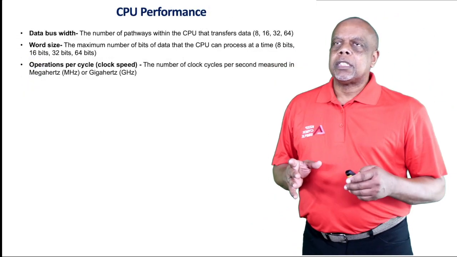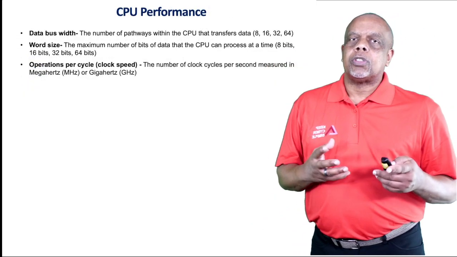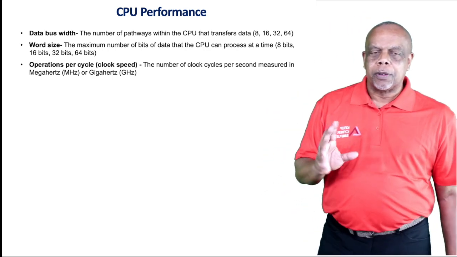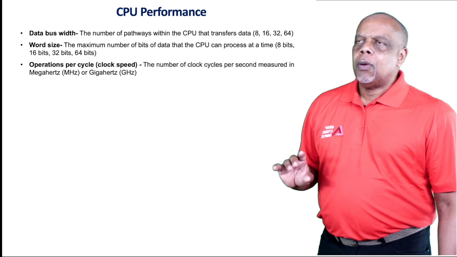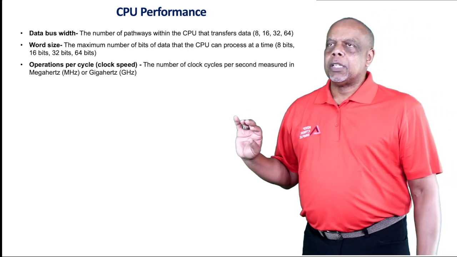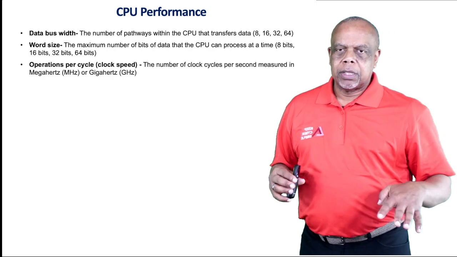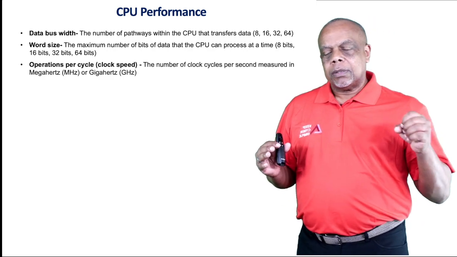Now, a couple of things that you will also see with respect to CPUs is the performance. These are some things that you've probably heard and maybe not understood exactly what they meant when we talk about CPU performance. Your data bus width has to do with how many lanes of traffic take information.